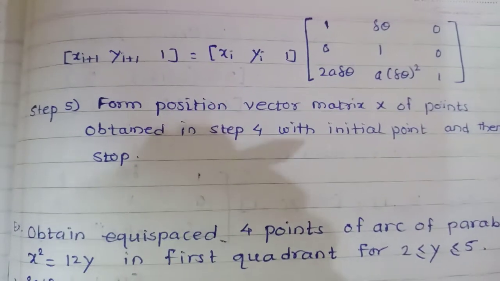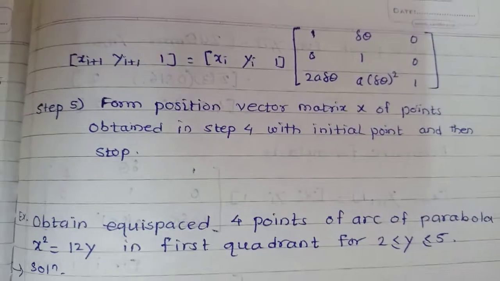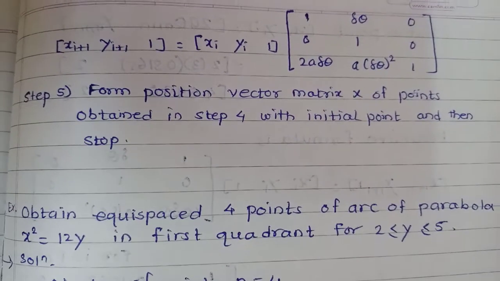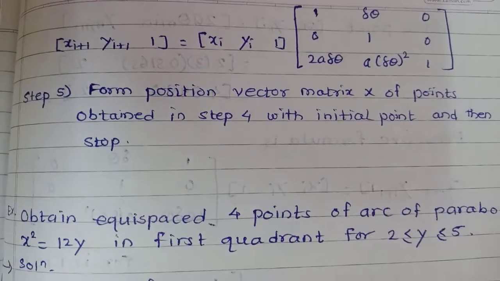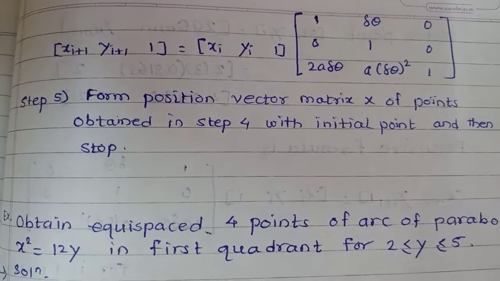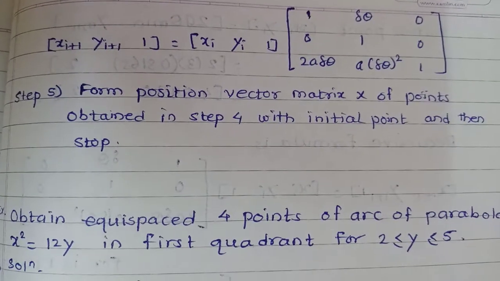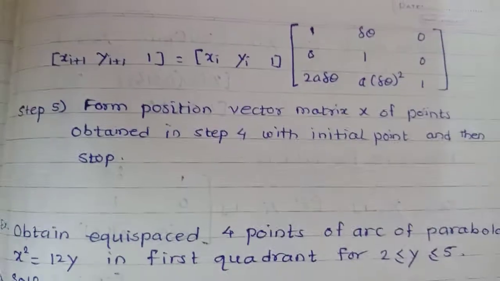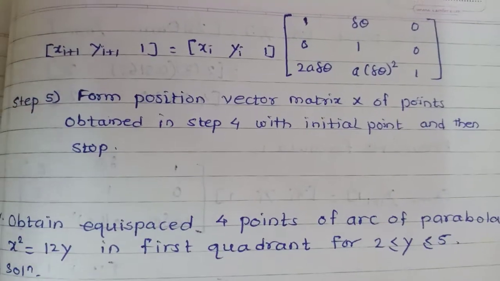Now see what happened in some of our previous algorithms. All the circle algorithms have the same recursive formula, all algorithms related to the ellipse have the same recursive formula, and the same thing happens for the hyperbola algorithms also. But there is a change in the parabola's algorithm.